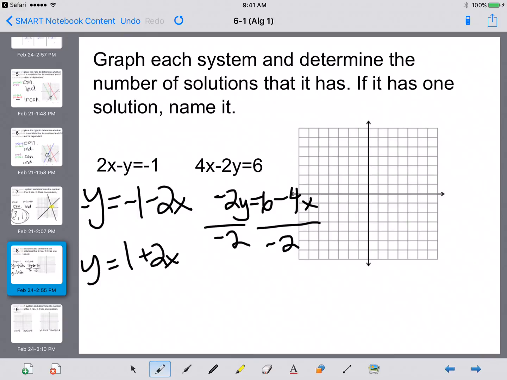So we are going to have y equals 6 divided by negative 2 is negative 3. Negative 4x divided by negative 2 is positive 2x. And look at that there. We have a slope of 2 on both of our graphs.